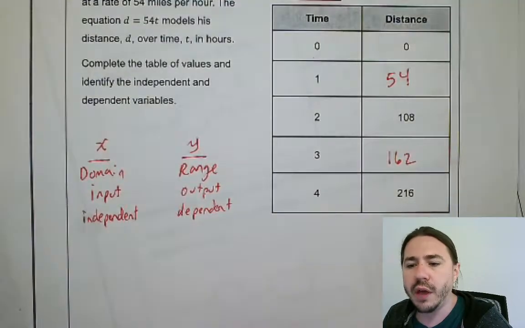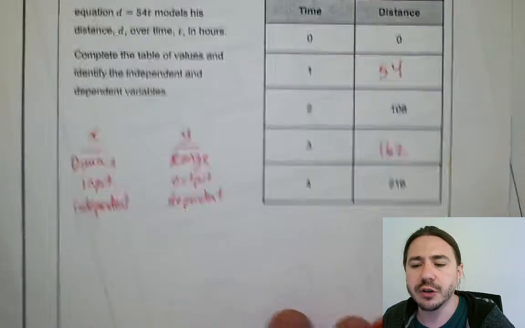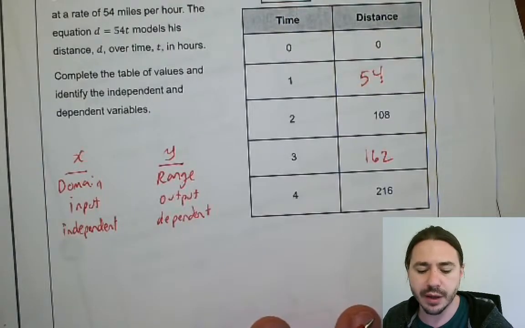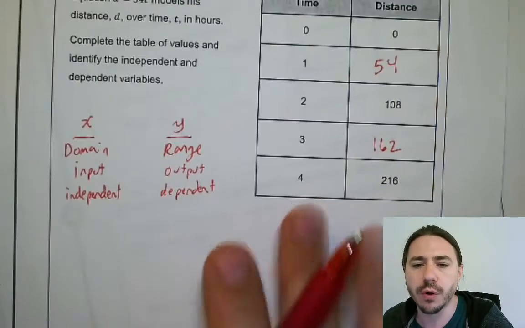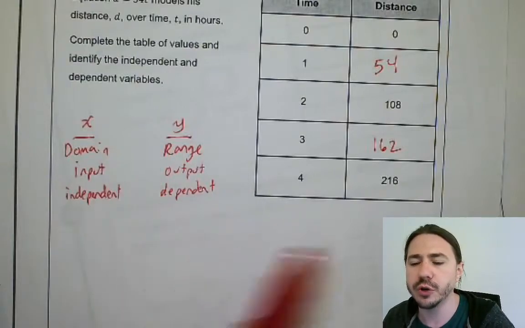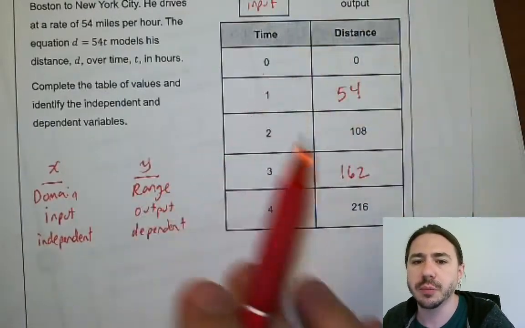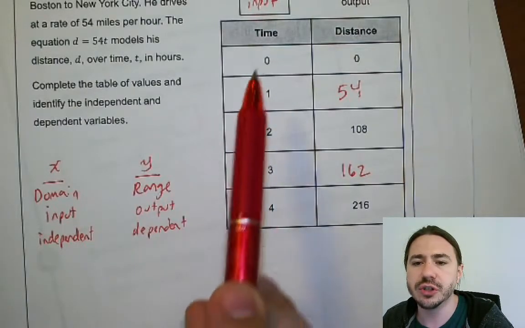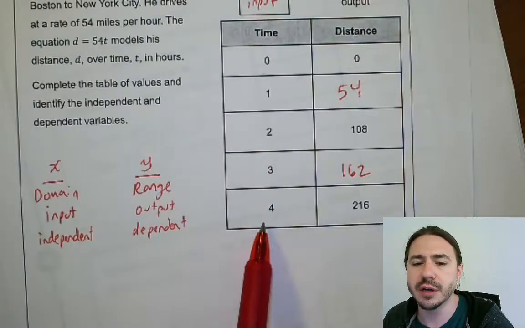So we haven't really talked too much about domain and range yet, or trying to define that, and this particular page doesn't actually ask for that, but as we move forward, I'm going to continue to ask you what the domain and range is. So in this particular problem, the domain of this table is just the values that you see in your input column.